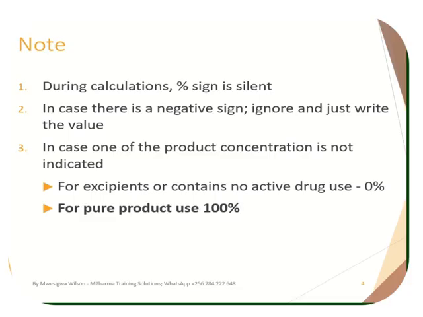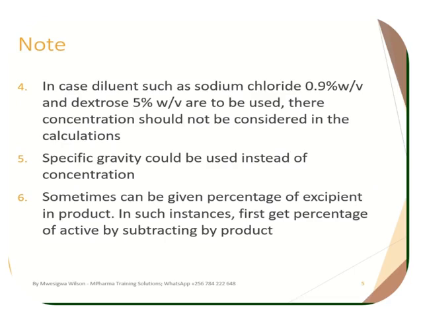In case the concentration of the product is not indicated, if it's an excipient, as we saw earlier, the concentration is 0%. And if it is a pure product, the concentration is 100%. Now, I will always repeat this statement: in case a diluent such as sodium chloride or dextrose is to be used, its concentration should not be considered.